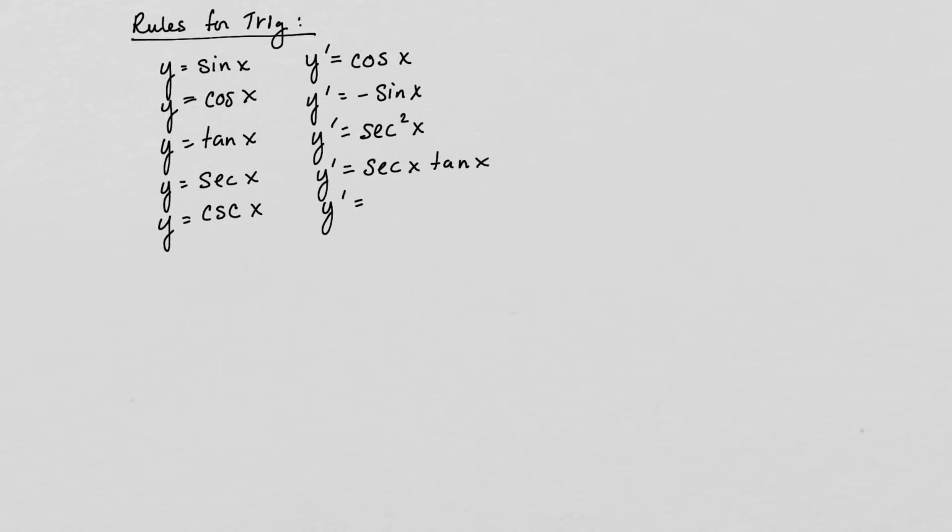Yep, so I like to remember that everything that has a co is the things that are negative. So the derivative of the cosine is negative. The derivative of the cosecant is going to be negative, so negative cosecant x cotangent x. And when we get to the cotangent, that's also going to be negative.